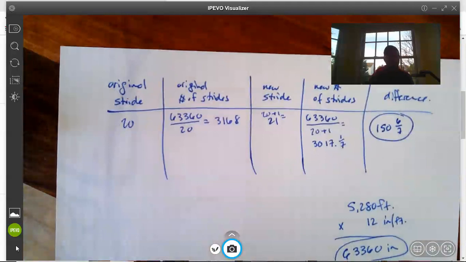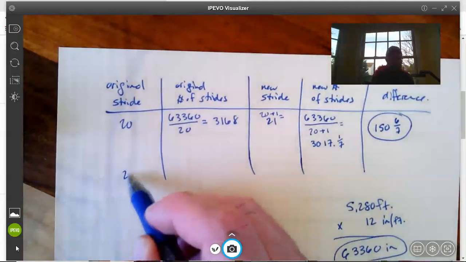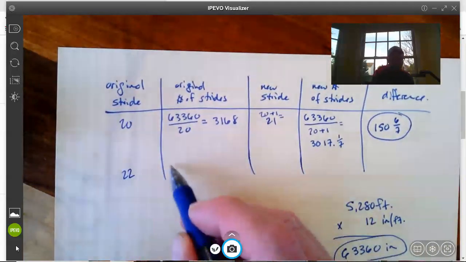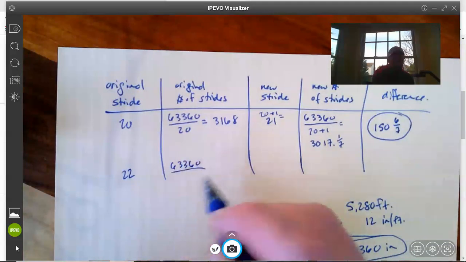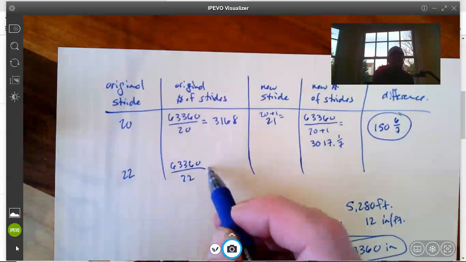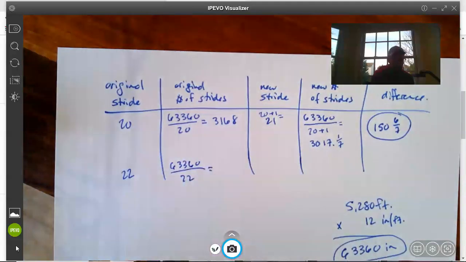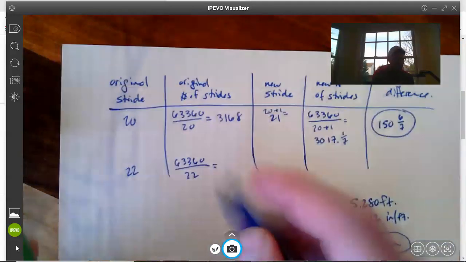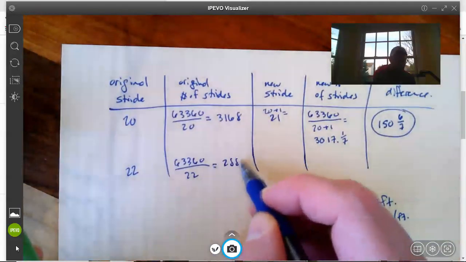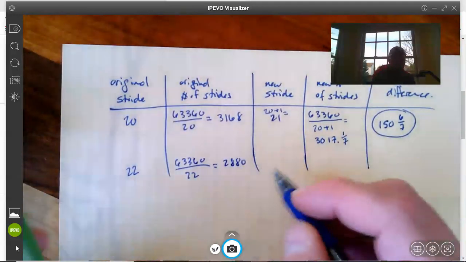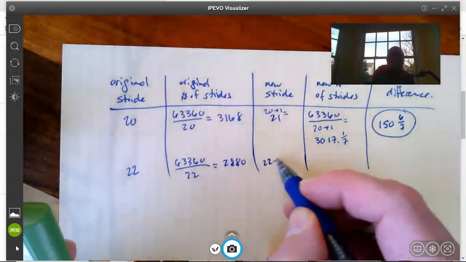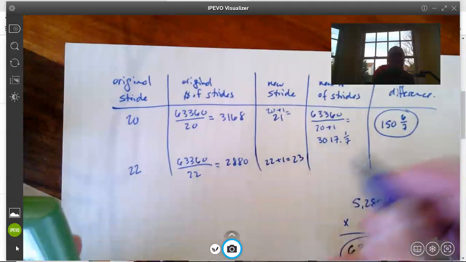Right. So we try some new number, like, I don't know, 22. So I'd have 63,360 over 22. 63,360 divided by 22 gives us 2,880. And our new stride length would be 22 plus 1 equals 23.